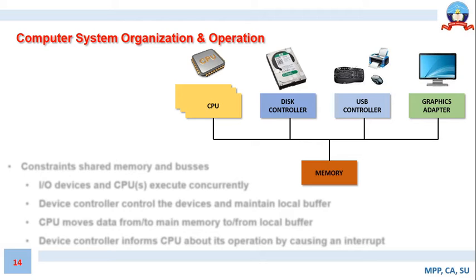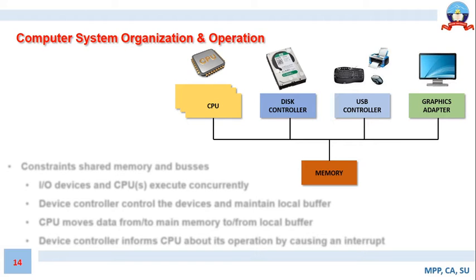As we all know, the speed at which the central processing unit operates and the speed at which the devices operate may be completely different. So to ensure proper communication between the central processing unit and the various devices, we have the device controllers. They control the devices and coordinate communication between the devices and the other units, because a computer system is a collection of devices that work at different speeds.